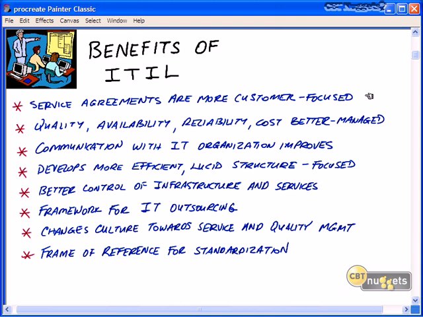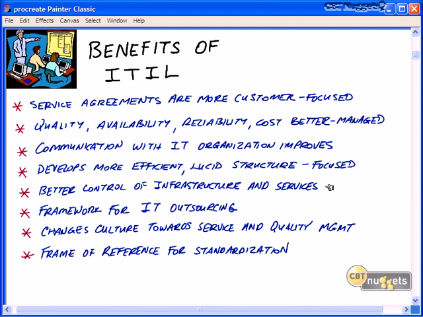What are the benefits? Well, our service level agreements become more customer focused. We're able to better manage quality, availability, reliability, and cost. We improve the communication with our IT organization. We develop a more efficient, lucid structure, a more focused approach. We get better control of our IT infrastructure and services.